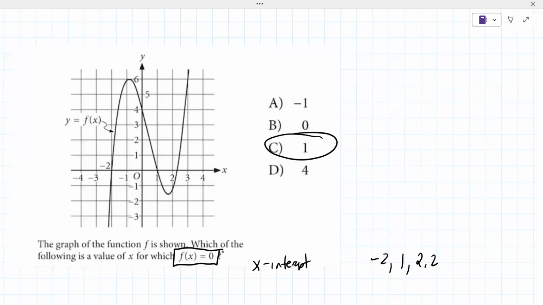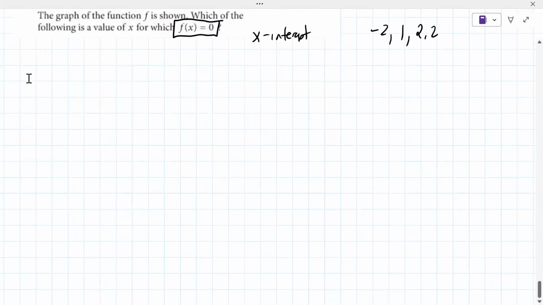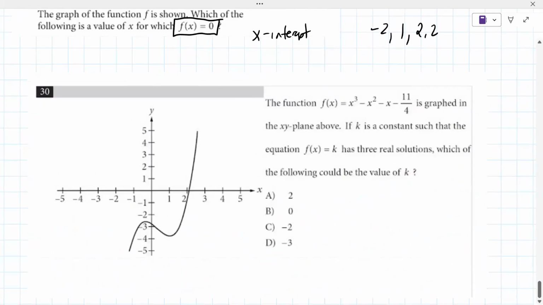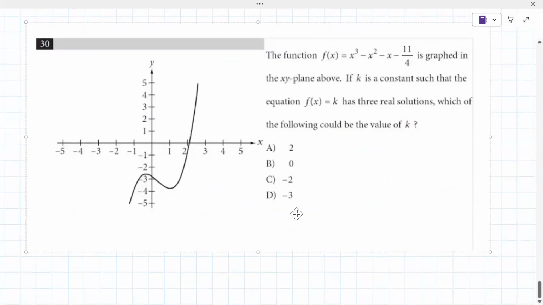Yes. Very easy though to use that answer. I'm surprised it's not A, frankly. But, okay. Again, sometimes these look really difficult and they're not. A lot of questions fall into this category.